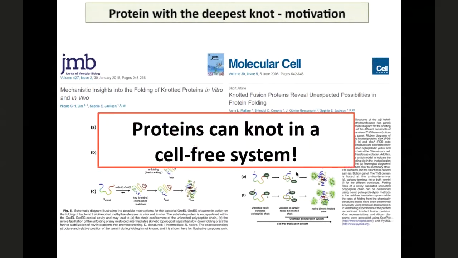So what is most important, we can conclude that proteins can knot in a cell-free system. Because we still cannot observe the knot in the experiment, from what I understood, but we can see what the final result is, we can use this protein with the fusion to study the deepest knotted protein.